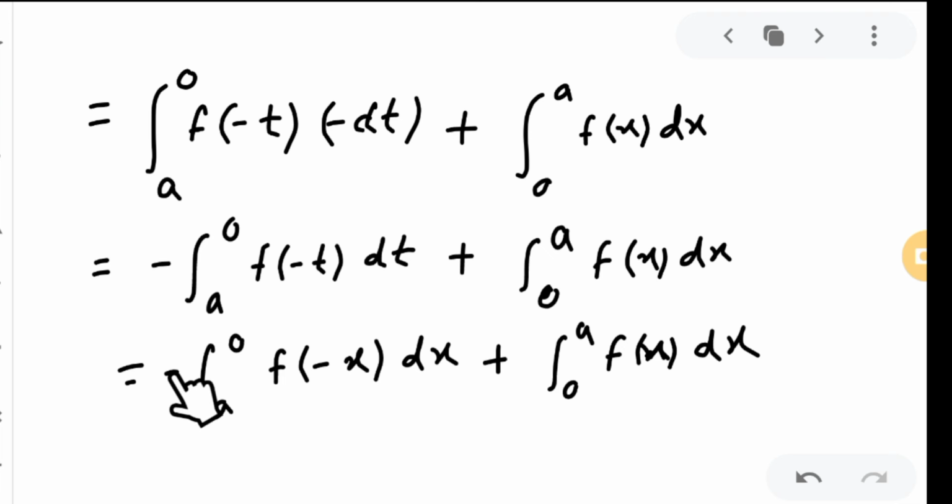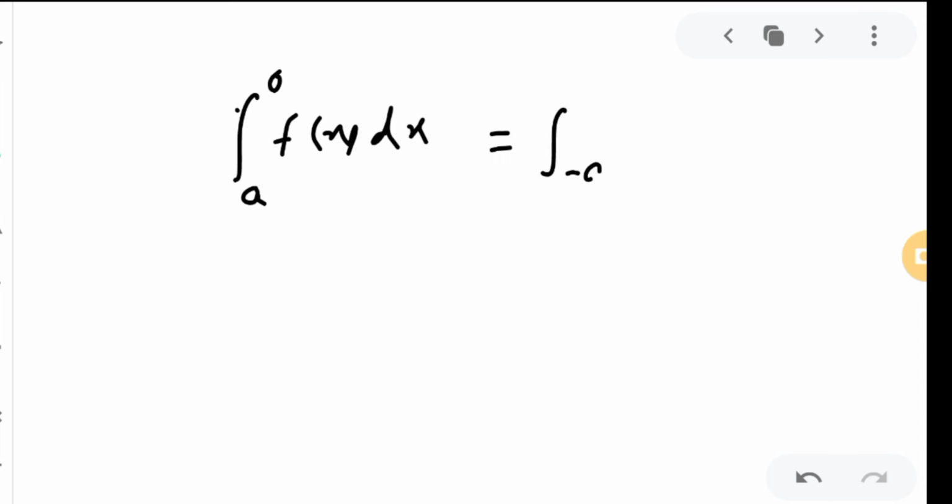if I change this limit, I want this a to 0 as 0 to a. There is a property in integration that lets me convert a to 0, so I will use this property: the integral of f(x) dx from 0 to a or a to 0, I can write as minus, sorry, not minus a, 0 to a, with the minus coming outside, f(x) dx, correct.